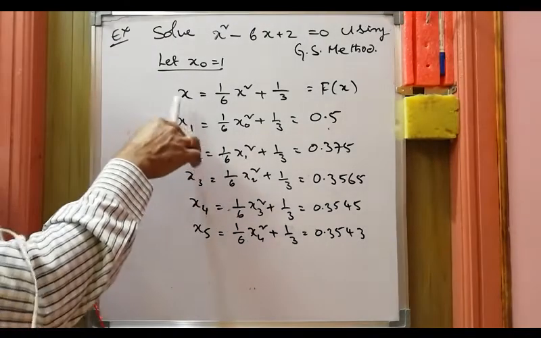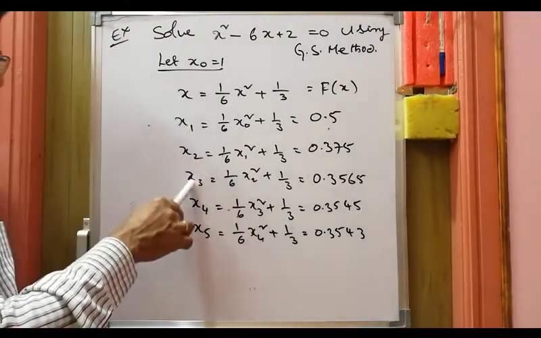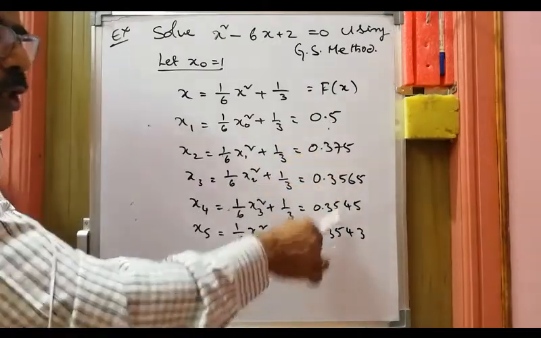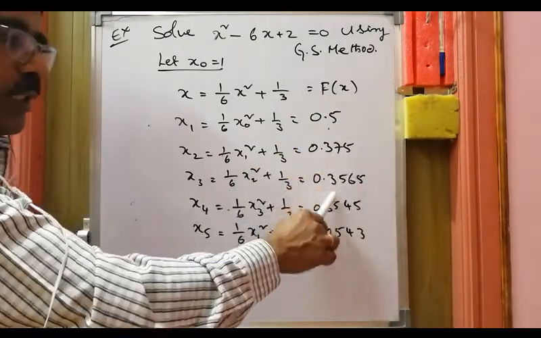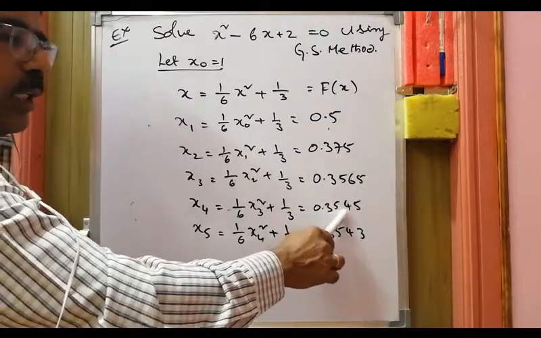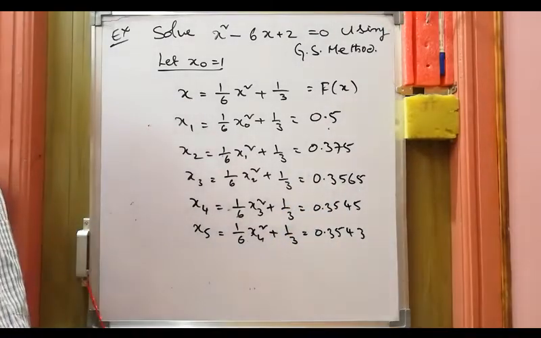So you can see x1, x2, x3, x4, x5, how the values are getting deviated. First one is 0.5, second is 0.375, third is 0.3565, 0.3545, 0.3543.